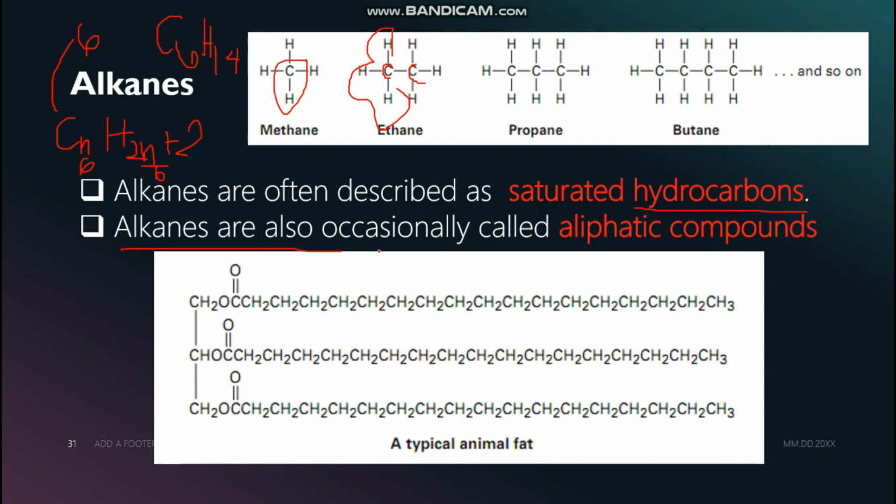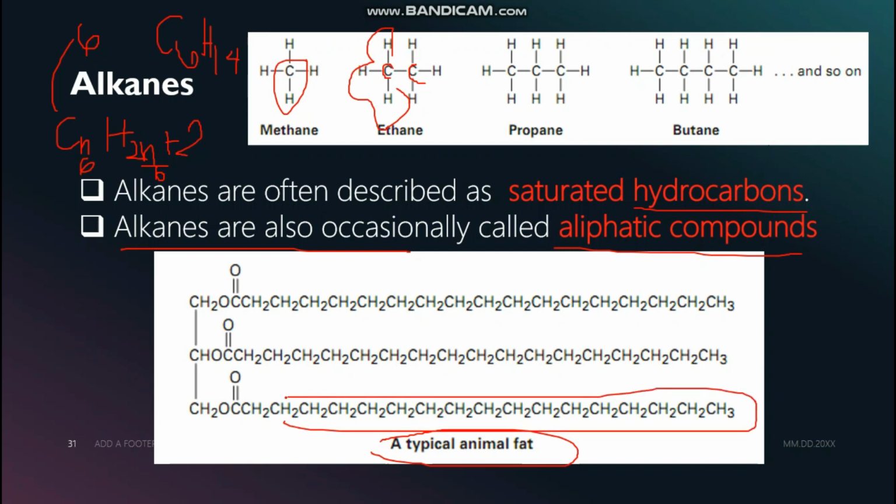So alkanes are also occasionally called as aliphatic compounds. Bakit aliphatic? Because sometimes they exist as fats. So this is a typical animal fat and you can see halos alkanes din siya. Okay?